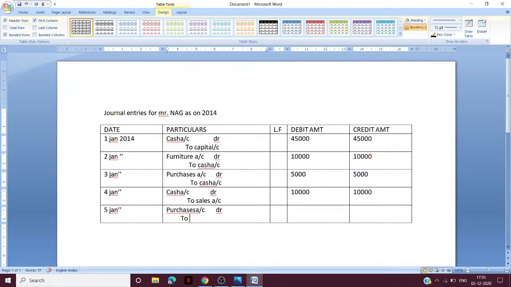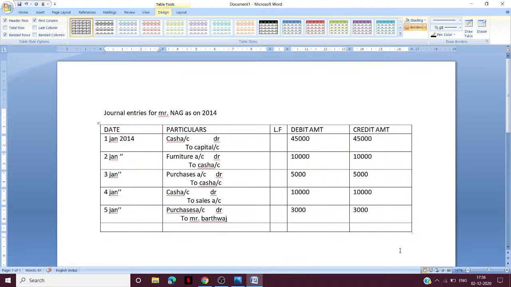So instead of cash, we'll write the name of the person. What is his name? Mr. Bharatwaj. So write the name. So it is a credit transaction. Instead of cash, we are writing his name. What is the amount? 3,000 in both the sides.